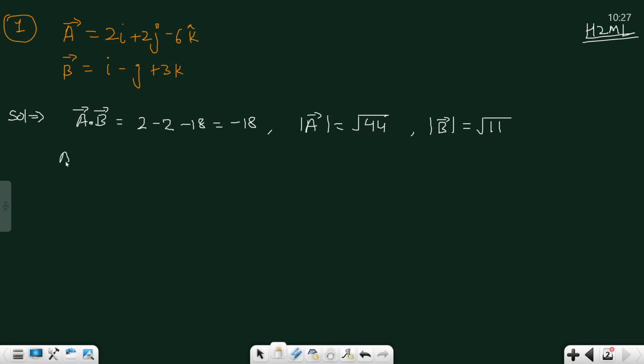And A dot B is equal to magnitude of A, magnitude of B, cos theta. So what will be the cos theta? Cos theta is A dot B divided by the magnitude.